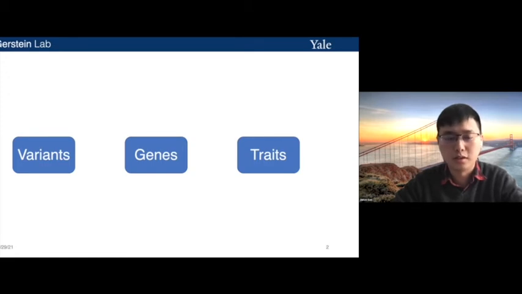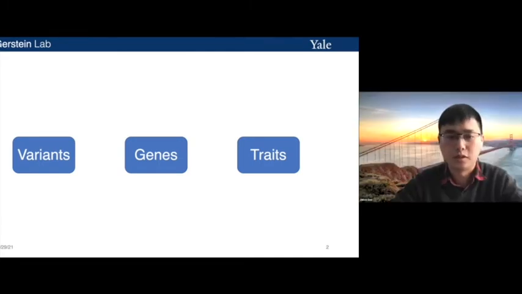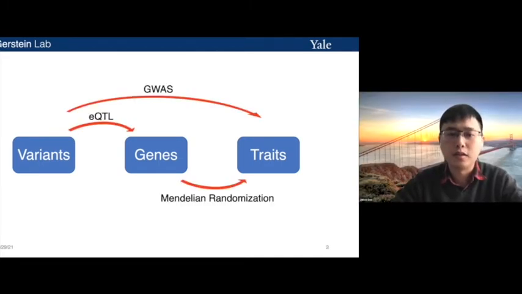So we want to understand the mechanism, what variants or what gene is affecting your phenotypes or diseases. And specifically in population genetics, there are some established analyses or methods that have made such connections.